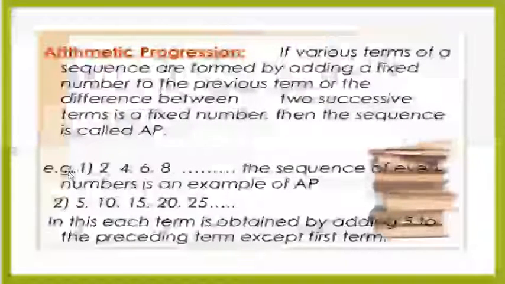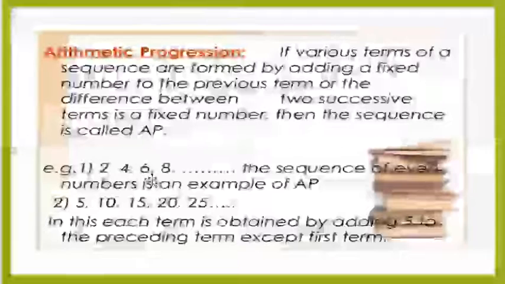Now we'll see an example: 2, 4, 6, 8 ... The sequence of even numbers is an example of AP. That means here all the even numbers are given, and we can find out the next term after 8 is 10, because we can find out the difference between these two numbers.